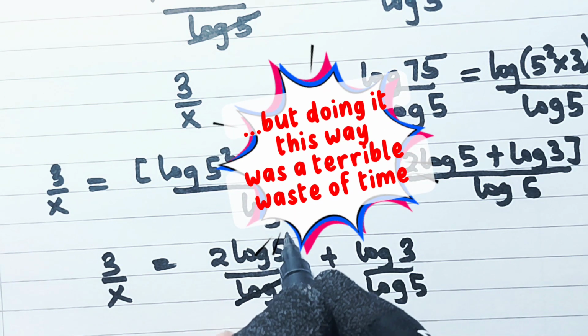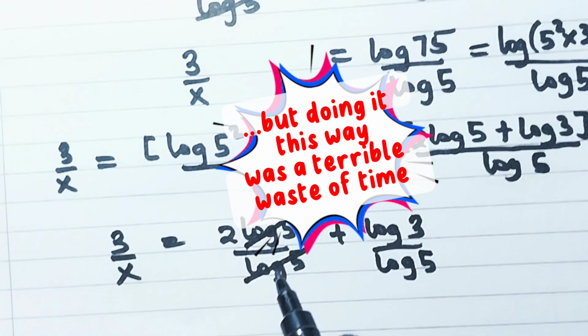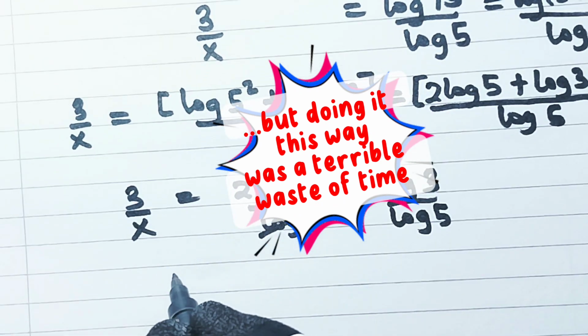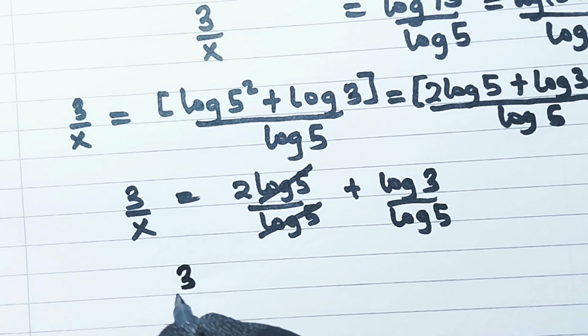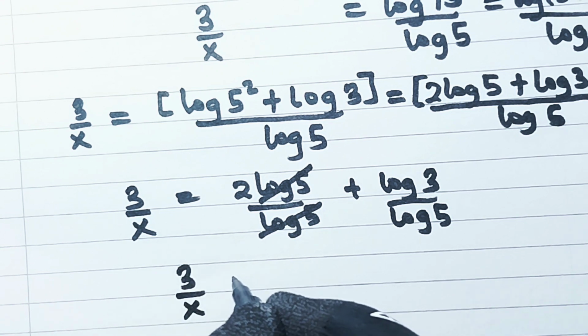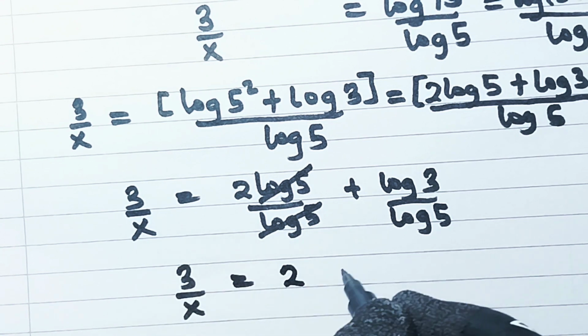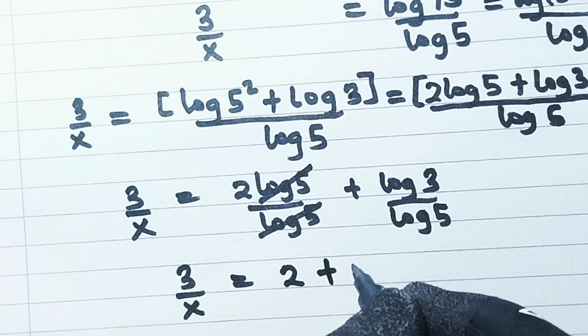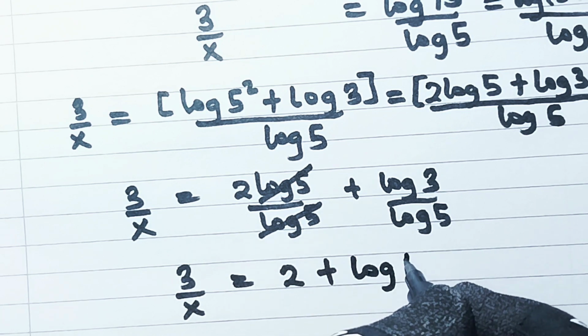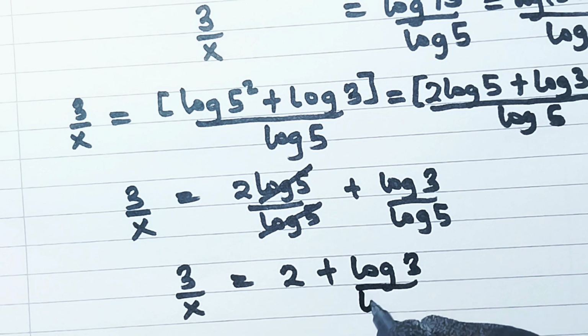So this cancels this. So I can write my simple solution as 3 over x is equal to 2 plus log 3 divided by log 5.